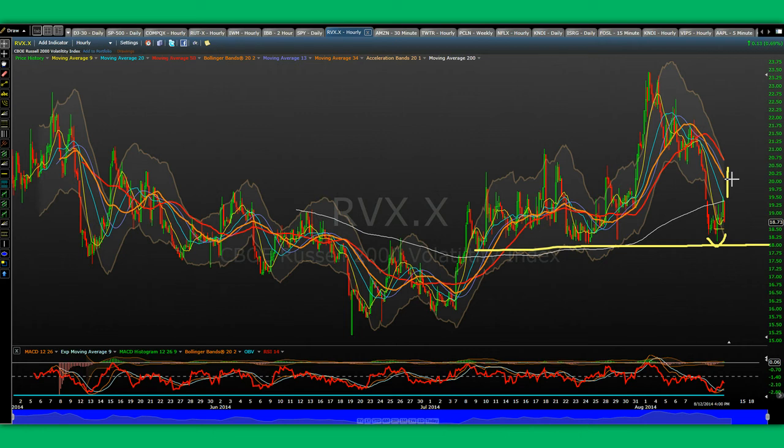And then it collapses. I still believe that, seasonally speaking, the monthly OPEX, which happens to be this Friday, generally is a positive, bullish biased event. So if that happens, then this thing is going to come down, test 18, and possibly slip towards the 17 level. So that's a quick analysis of the RVX.